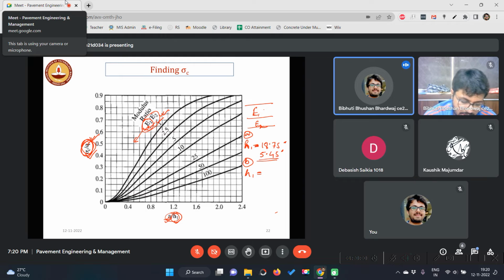E1 by E2 will be how much for part A? So 10. 10 or 100? Okay, so 100, my bad, it was 100. Yeah, it is 100. So this line. Sigma c by Q will be how much? It's 8 by 80, right? It's 0.1. It will go here, will cut here, will come like this.